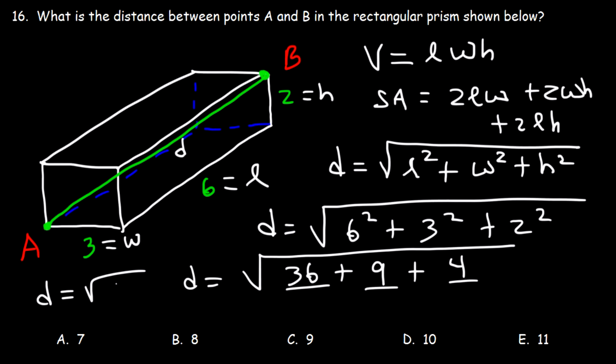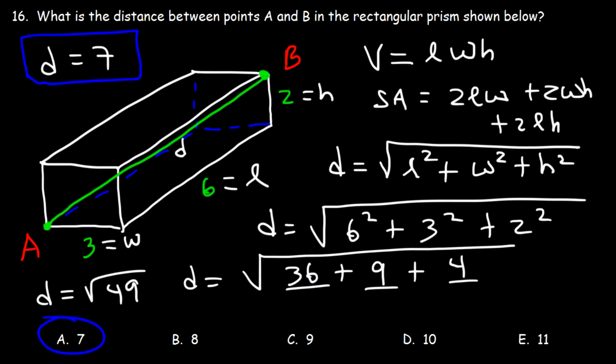So therefore it's equal to the square root of 49, which is 7. So that is the answer. That is the length of the diagonal. So A is the right answer. So make sure you know these three formulas whenever you encounter a rectangular prism.